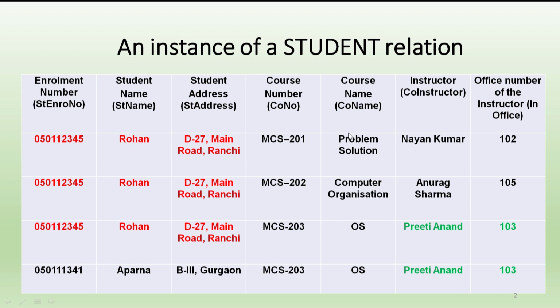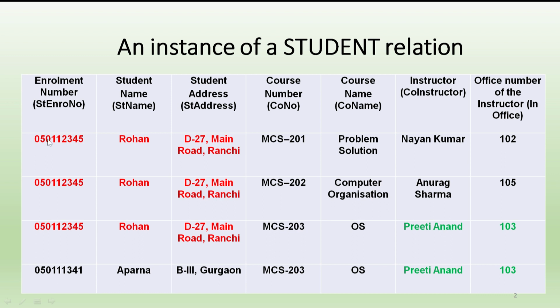So all this information is recorded in this particular table, and what you can see is that the information shown in red color as well as in green color, both are redundant in nature. What do we mean by redundant in nature?